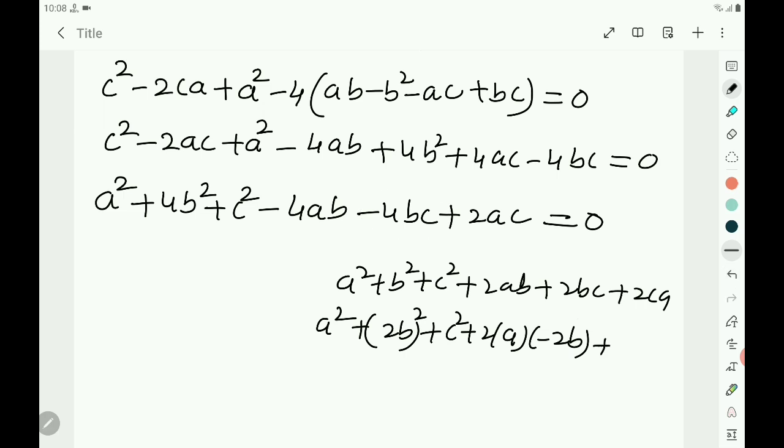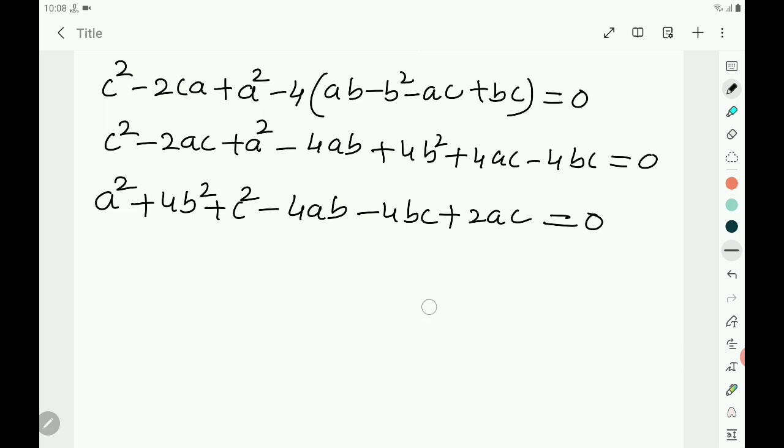Then you can take plus 2 into minus 2b into c, like this way. So write it in the standard form. Write a square as it is, plus 4b square. Here together with b there is negative, then you must write it as (minus 2b) whole square, then plus c square.